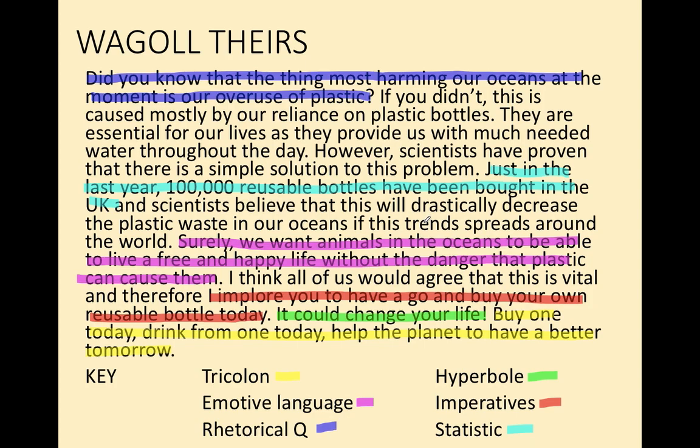And then synonyms as well to describe things. Especially danger and harming are all things that plastic is doing to our oceans, but they're synonyms. And then we've also got synonyms for the word important, like essential and vital, which are used throughout the paragraph as well. So well done if you also found some cohesive devices here too.